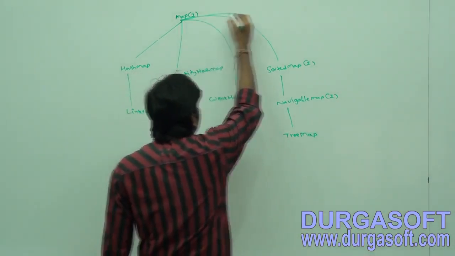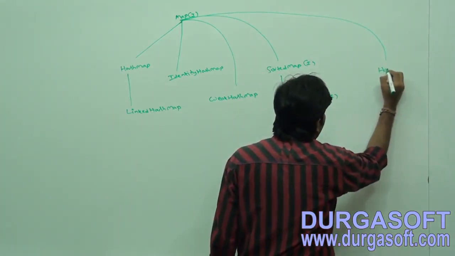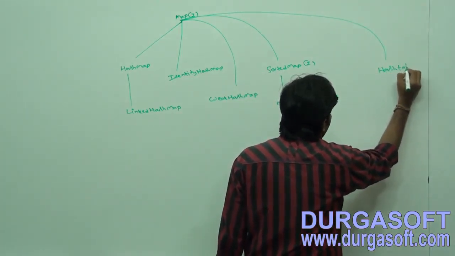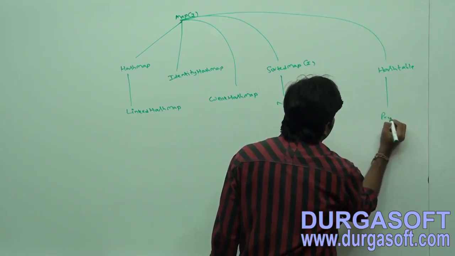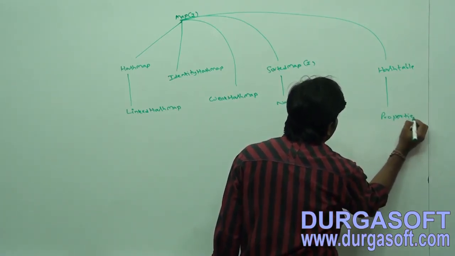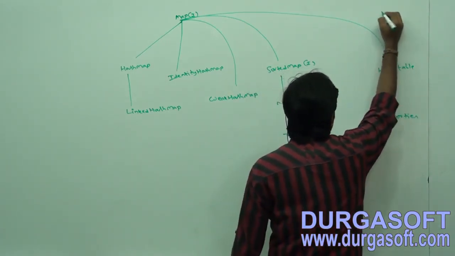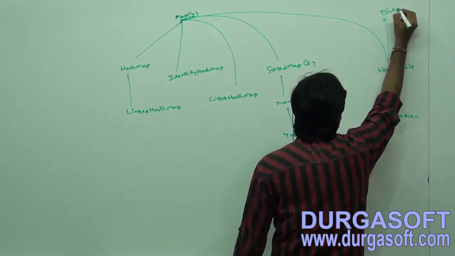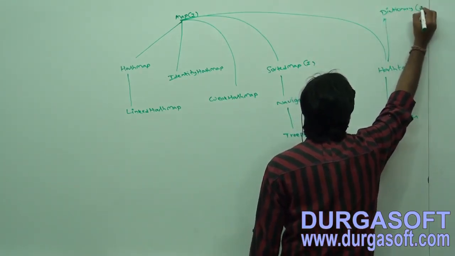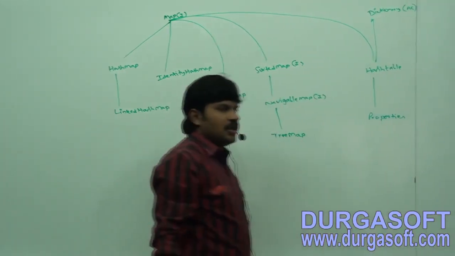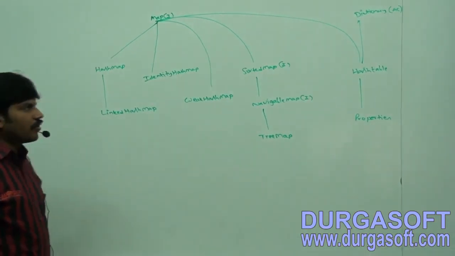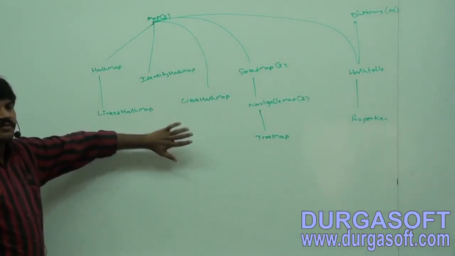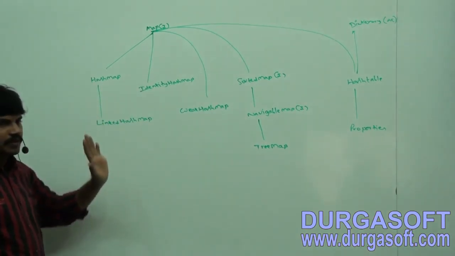And after completing this, we have to talk about Hashtable, and then the Properties class. Of course, Hashtable is the child of Dictionary, which is an abstract class. We won't discuss anything about this one, because abstract classes usually we are not going to use. So this is our agenda related to Map terminology, right?